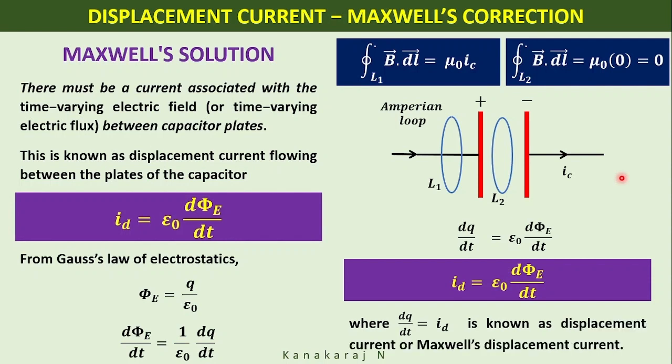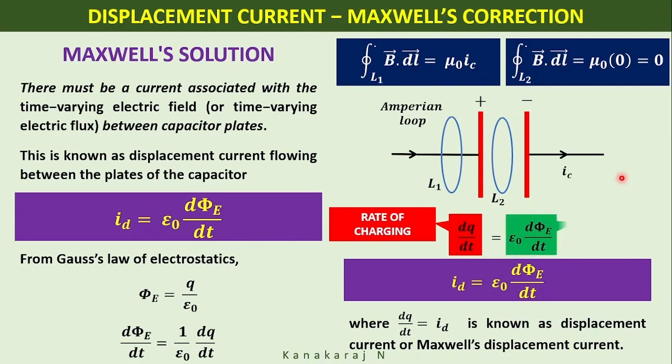Here the dq by dt is not the rate of flow of charge, but the rate of charging or rate of discharging in the plates of the capacitor, which is called the displacement current.